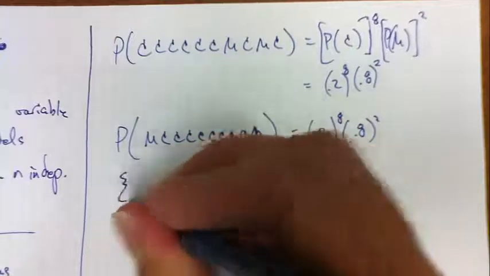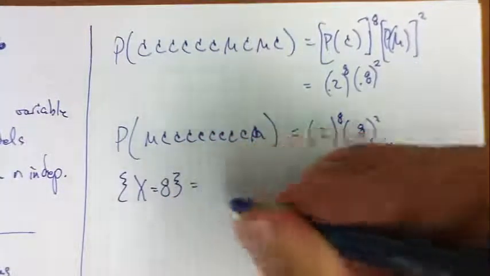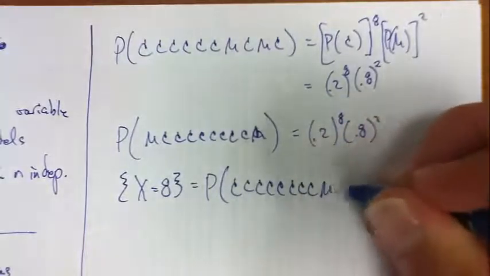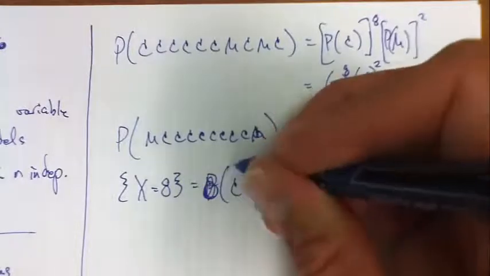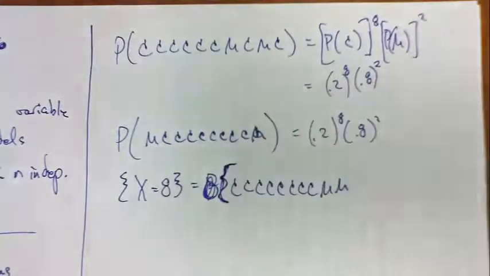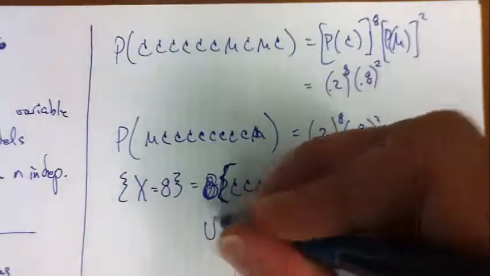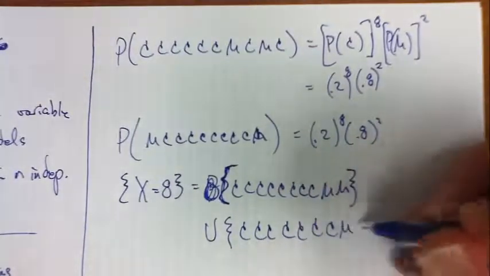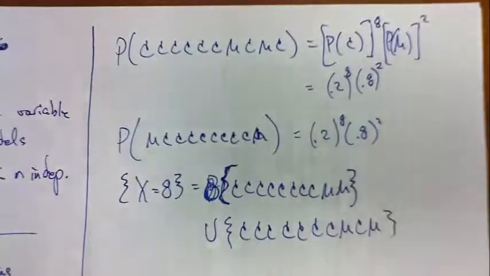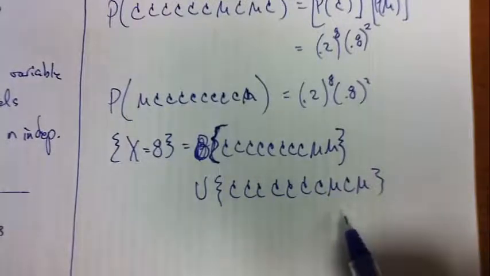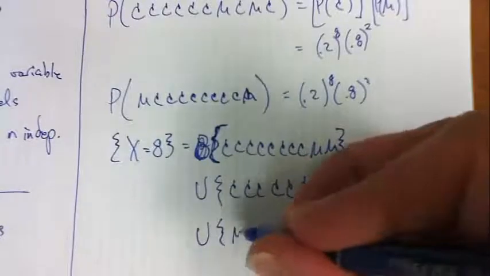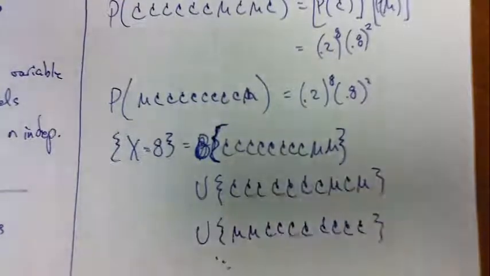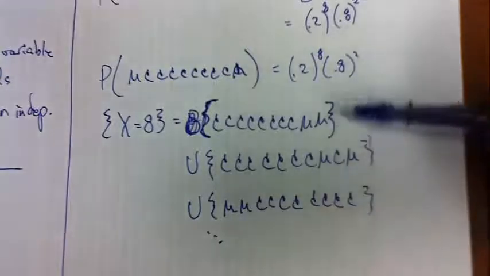Notice that the event that X equals 8 is equal to the union of the event that I just missed the last two, union with the event that I missed the last one and the third to last one, union with the event that I missed the first two, etc., etc. And all these events are disjoint, right?